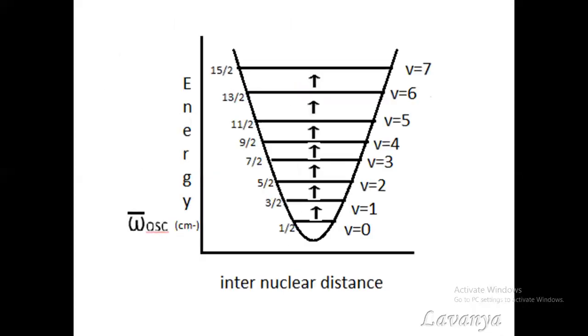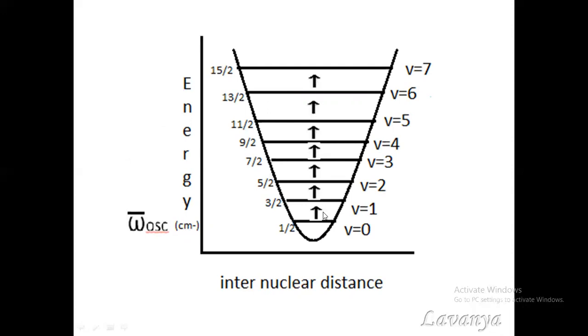If you plot a graph of the energy in centimeter inverse against internuclear distance, you will get a parabolic curve, and you can observe the energy gap between any two levels. The gap between 0 to 1, or 1 to 2, or 2 to 3 is equal. They are equally spaced.